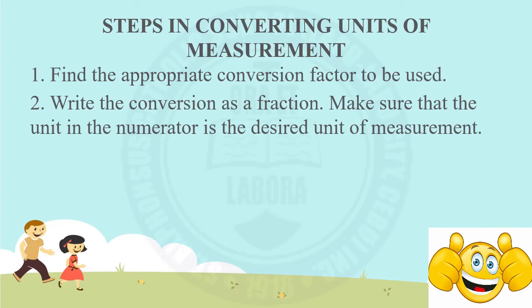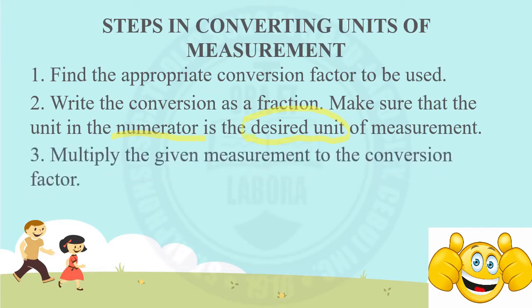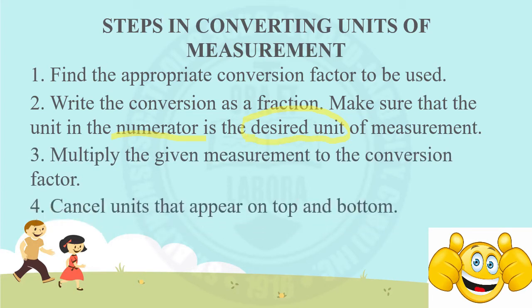Make sure that the unit in the numerator is the desired unit of measurement. Step 3. Multiply the given measurement by the conversion factor. Step 4. Cancel units, top and bottom, meaning numerator and denominator.